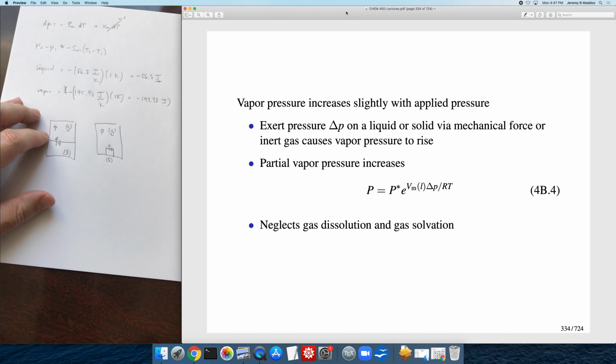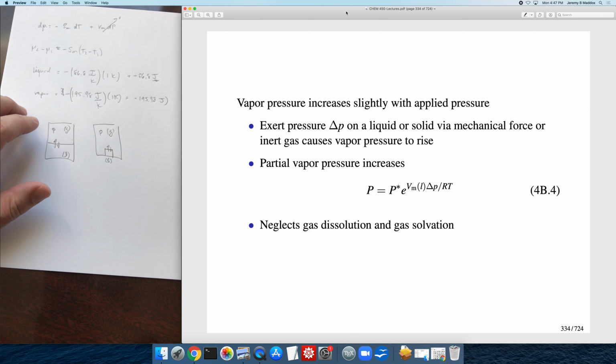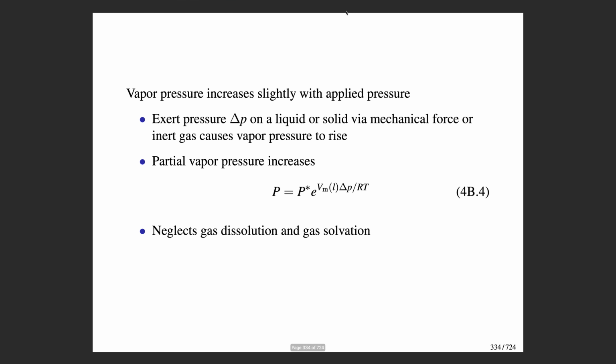Either way, what's being discussed in this slide is that we previously talked about how vapor pressure depends upon temperature, but the vapor pressure of a liquid also depends upon the applied pressure. In this slide, we're expressing the pressure dependence of the vapor pressure of a solid or a liquid.